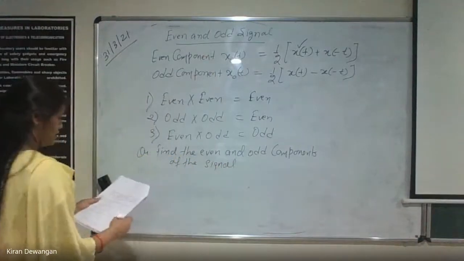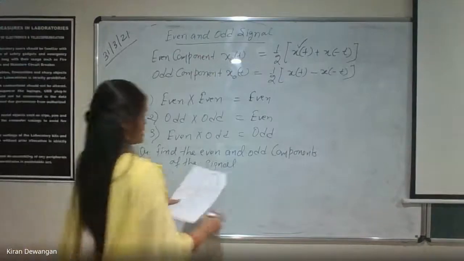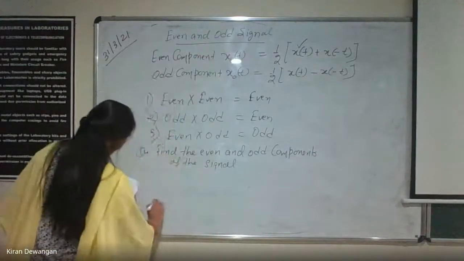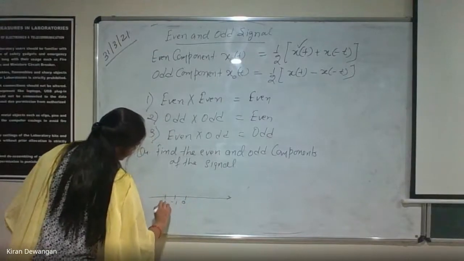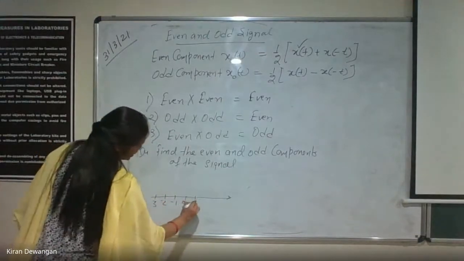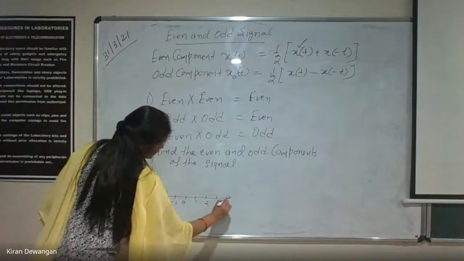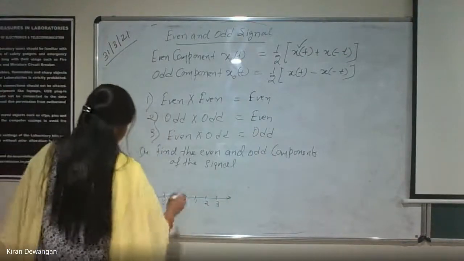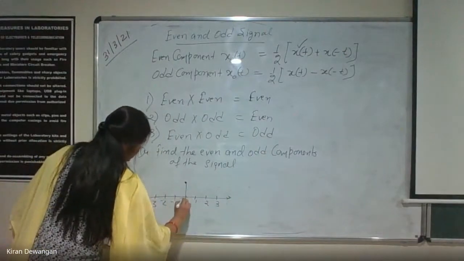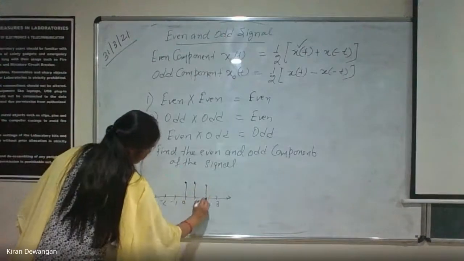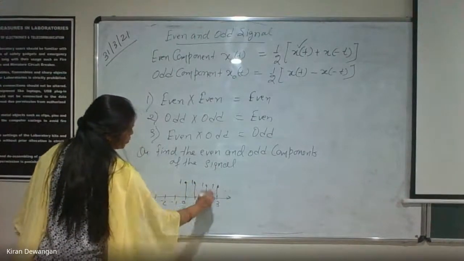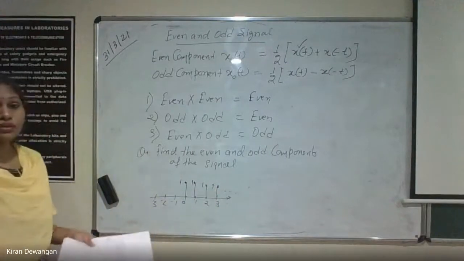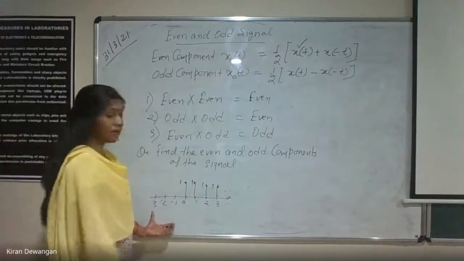And the signal is 0, -1, -2, -3, 1, 2, 3, and it goes on. The value is this one, and it continues. All the values are 1. So this is our signal.